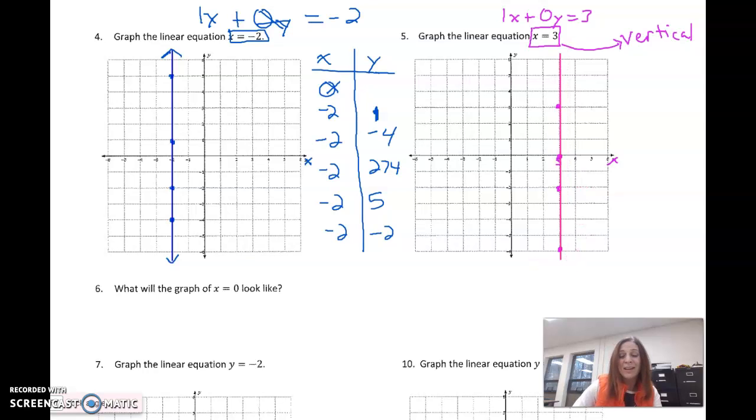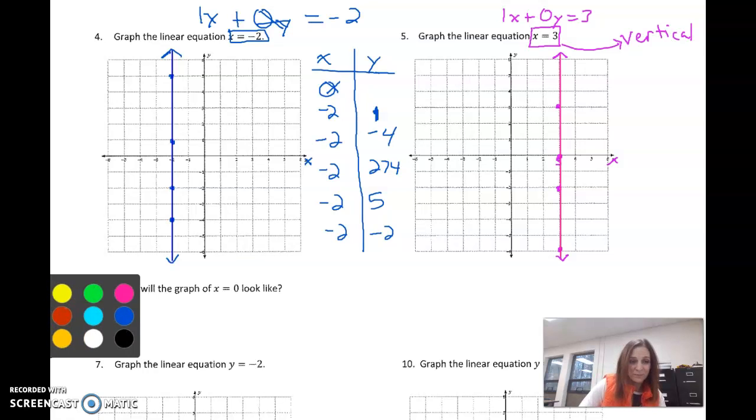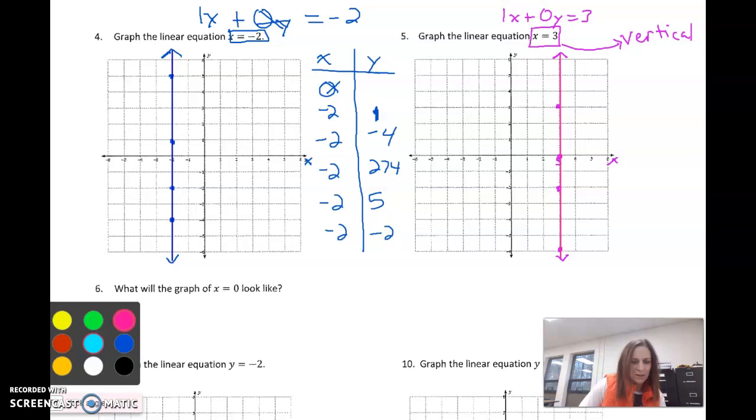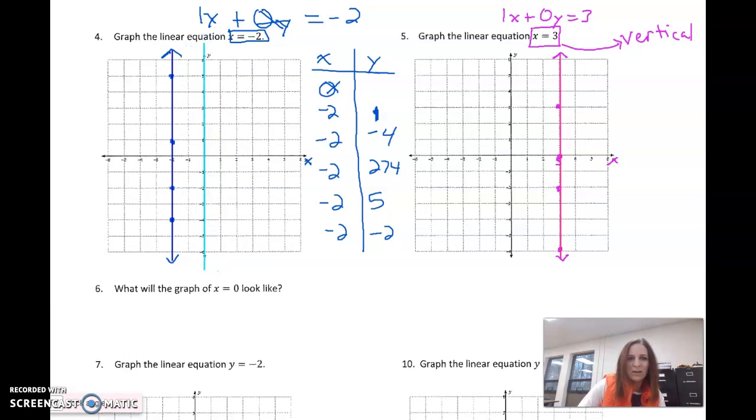I will try in class to give you a little trick to remember it. But if nothing else, you just have to remember that it's opposite of the x-axis. Okay, so what is the graph of x equal to 0 going to look like? Well, x equals 0 is going to be right here on the y-axis, because all our x values have to be 0.